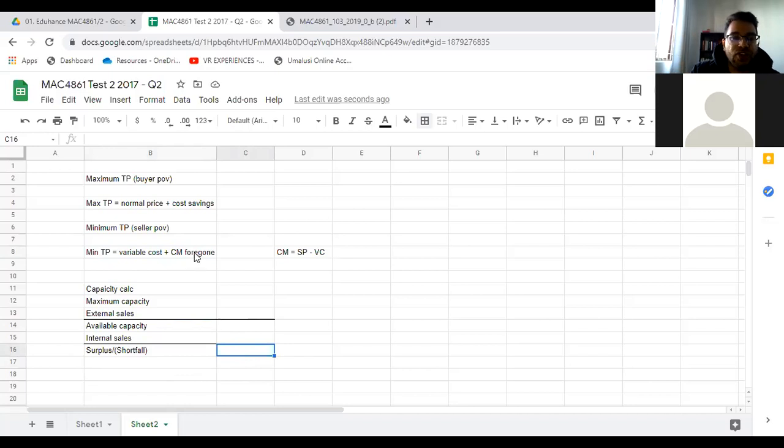So your foregone contribution would be the 1,000 external sales foregone, which you get from your shortfall, multiplied by the contribution margin. Then over here, let's say you need 2,000 sales. So this will be the variable cost for internal multiplied by 2,000 sales, and that will give you your total minimum transfer price.